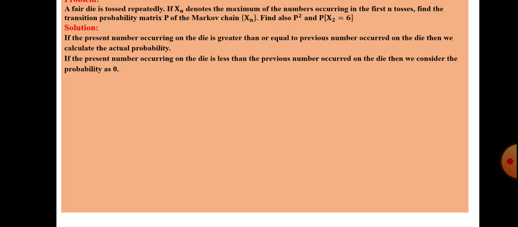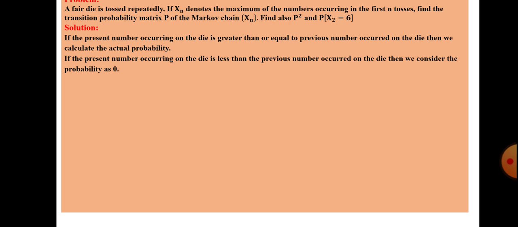In the previous roll it could be 1, 2, 3, 4, 5, 6, all less than or equal to the present one. Then we have to calculate the actual probability, right?